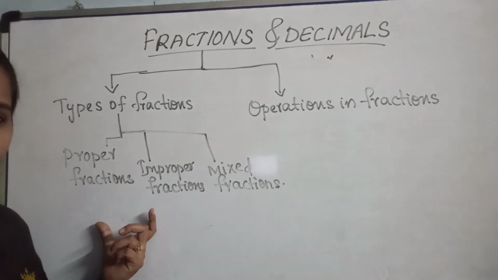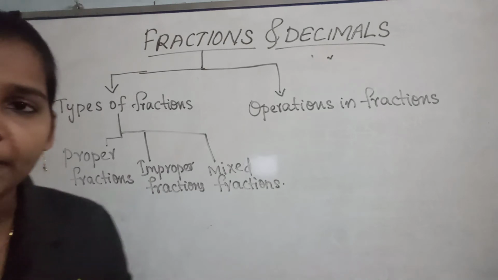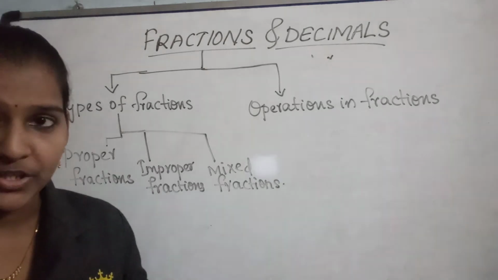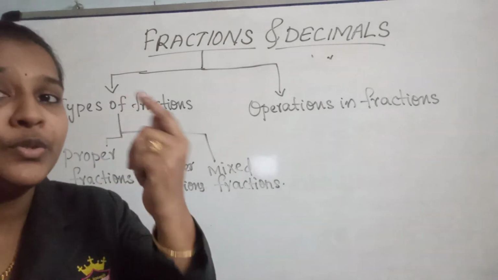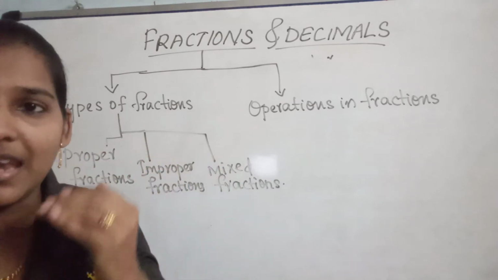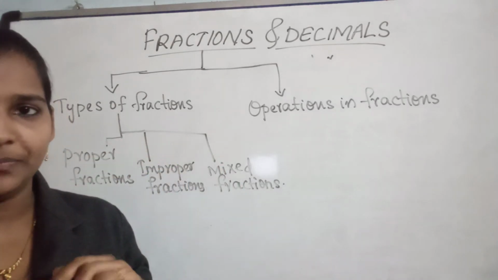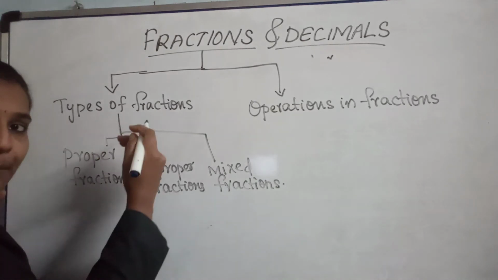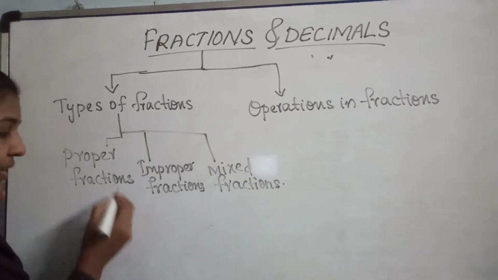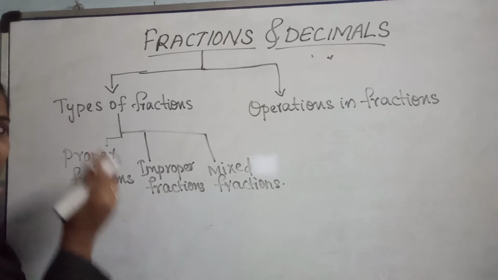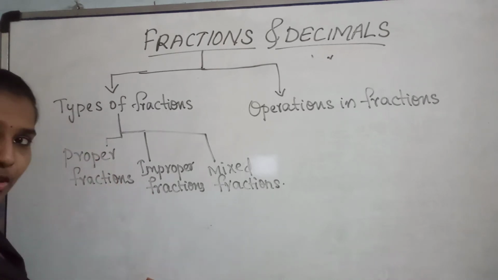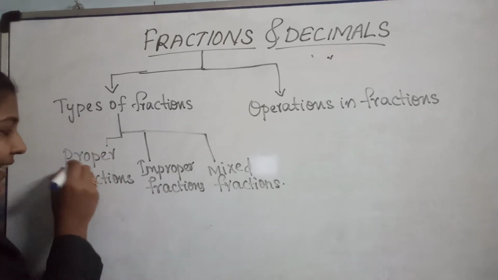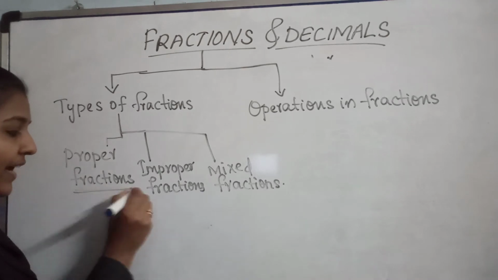Proper fractions are a special type of fraction where the numerator is less than the denominator. We know numerator means the number which comes above the line, isn't it? So if the numerator is smaller than the denominator, then that is a proper fraction.